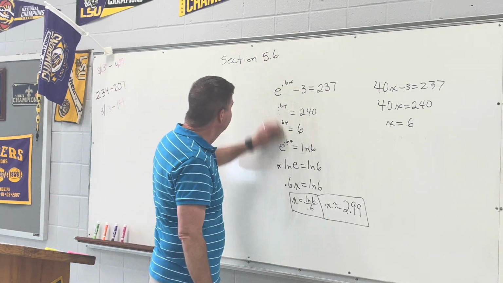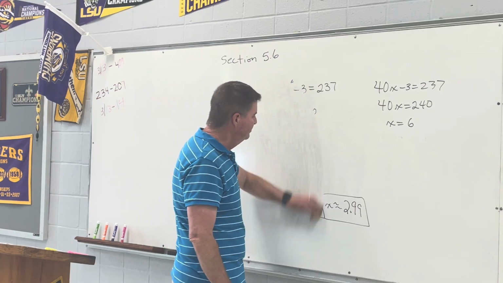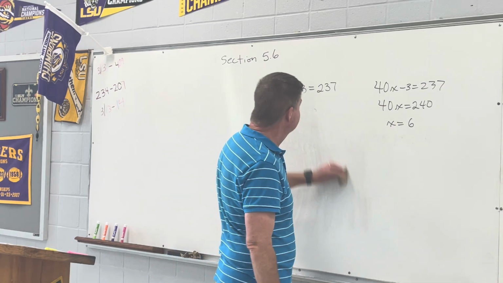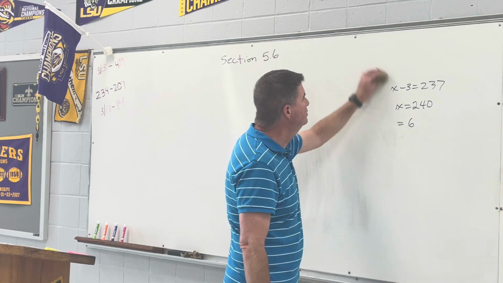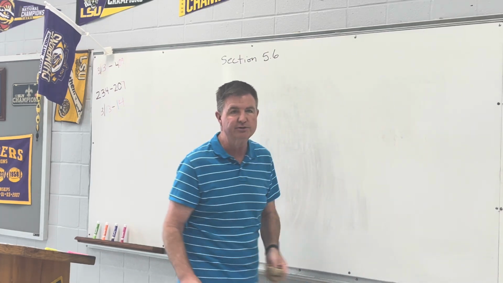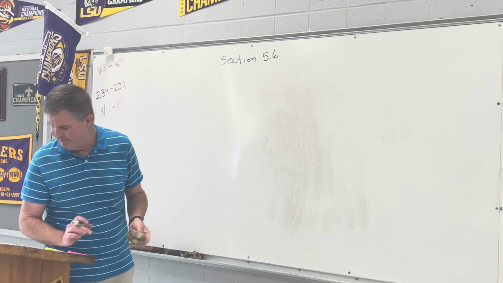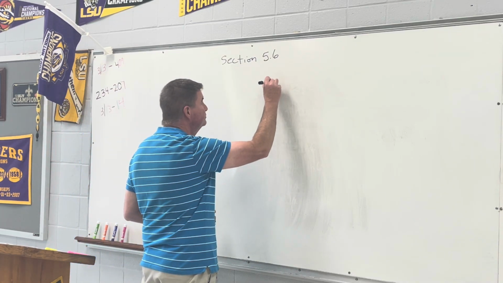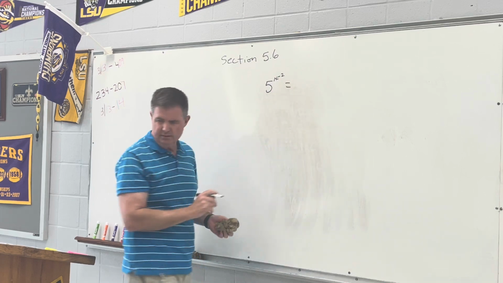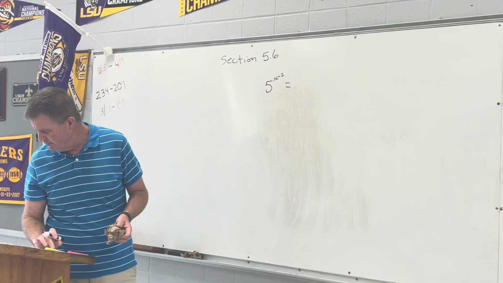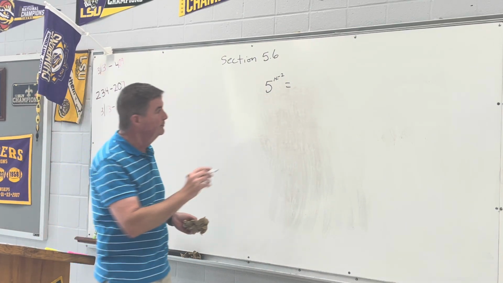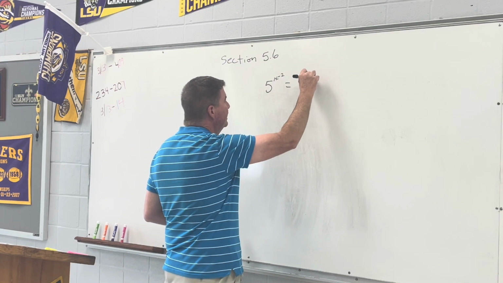Okay, moving on to the next example, it's just a matter of being able to maneuver through the algebra, and we're going to come up with the same thing. Suppose I have 5 to the x minus 2 equals 4 to the 2x plus 3.